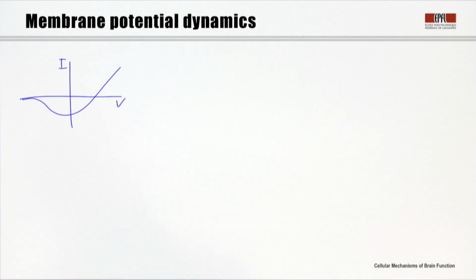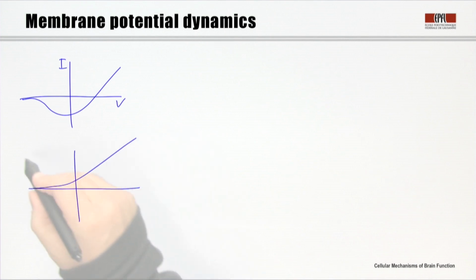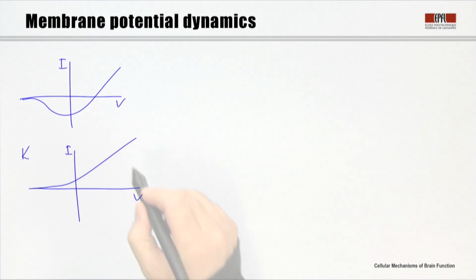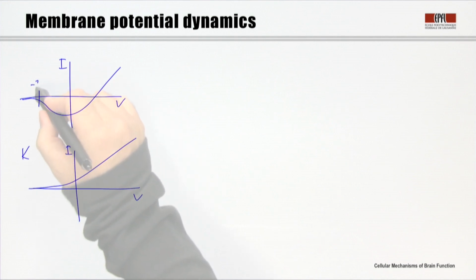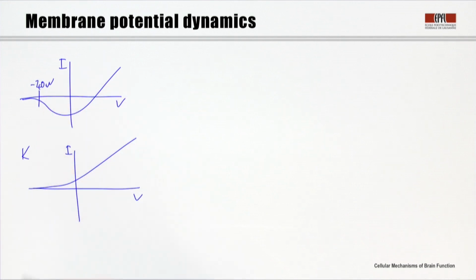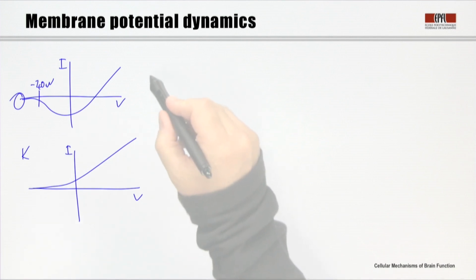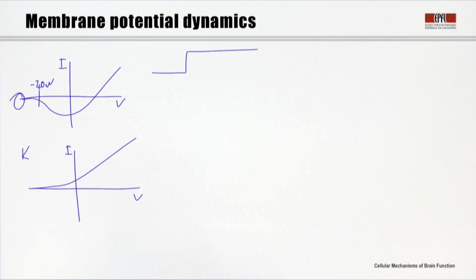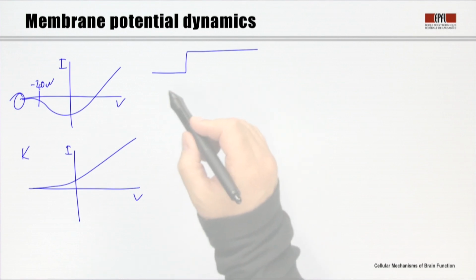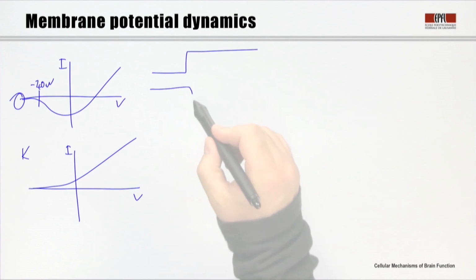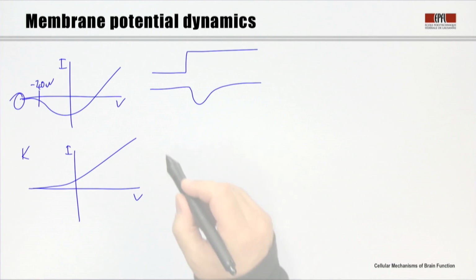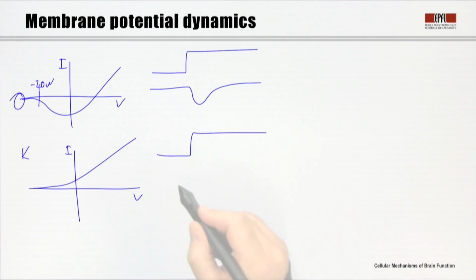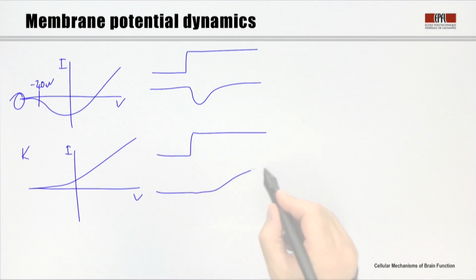We have the voltage activation of the sodium conductance, and we have the voltage activation of the potassium conductance, both of which are activating somewhere positive to minus 40 millivolts and closed at resting membrane potentials. We also know something about the dynamics of the opening of the voltage-gated sodium conductance that opens rapidly and then inactivates, whereas for the potassium conductance we have a slower rise that takes some hundreds of microseconds.